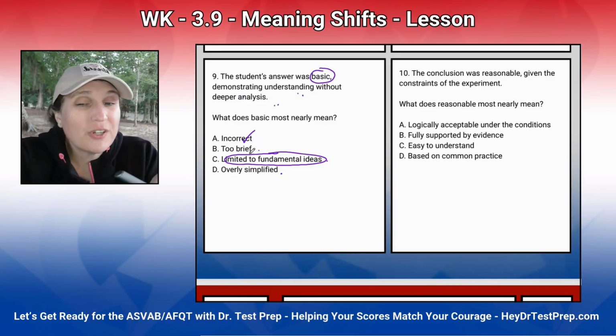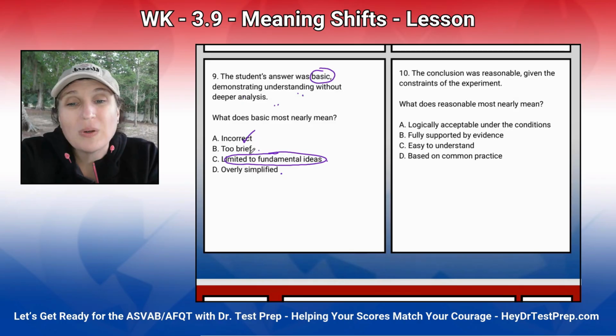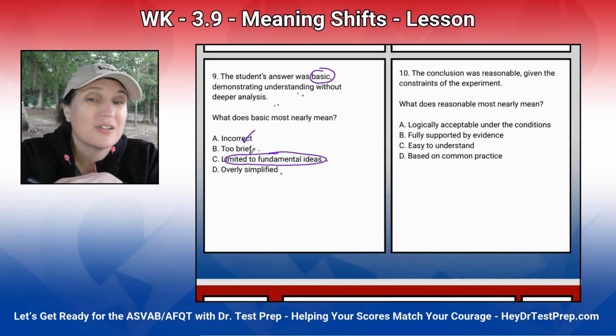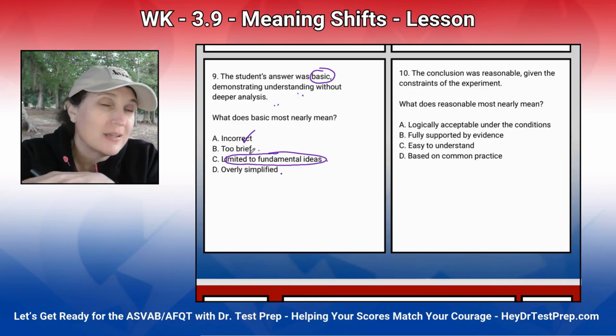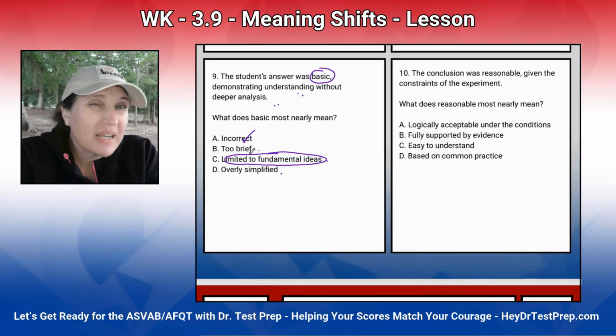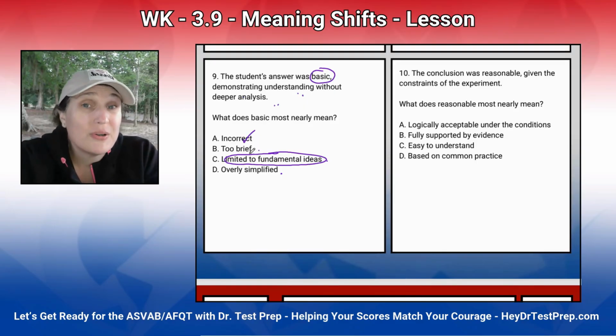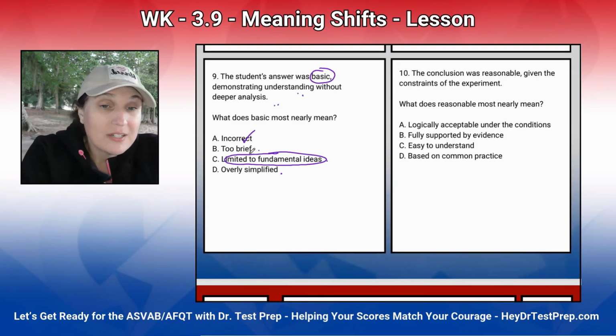Oversimplified and too brief could also work, but I would lean more to the limited to fundamental ideas, basic understanding. Just here's the fundamentals. I'm not digging deeper. But I could be convinced otherwise on this one. That's probably not a well-written question. So I doubt you'll see something like that on your test.